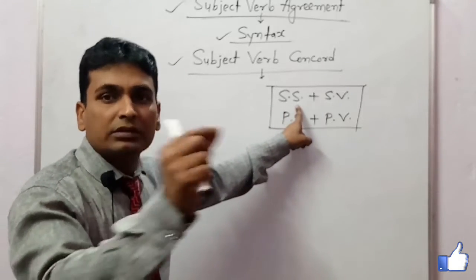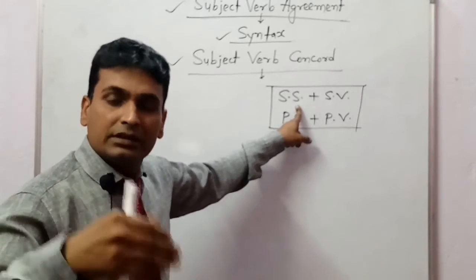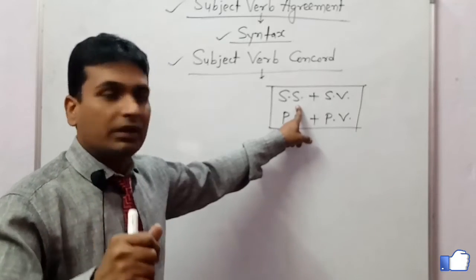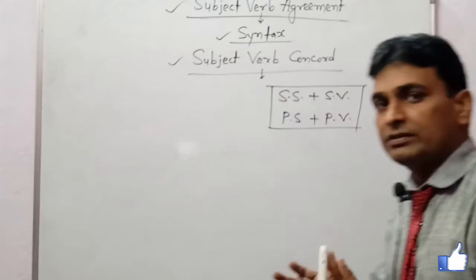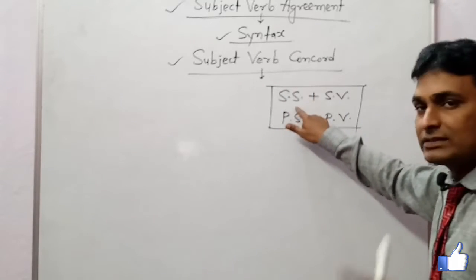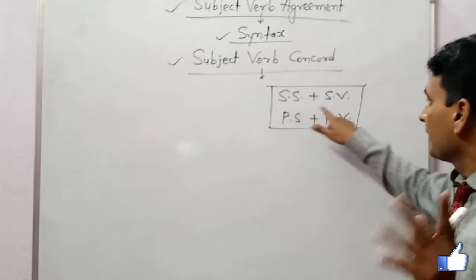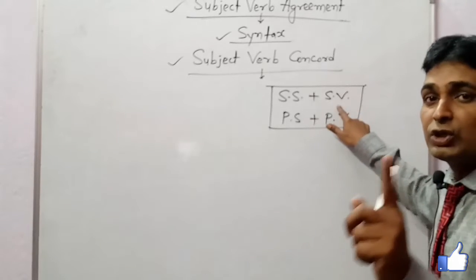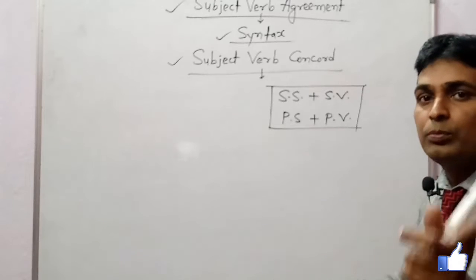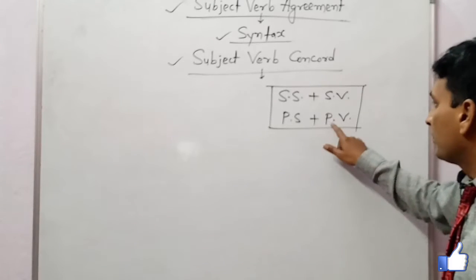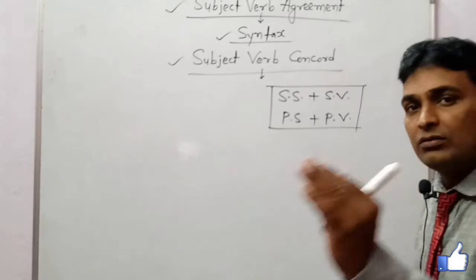SS means singular subject, right? Please listen to me carefully and understand well. SS stands for singular subject and SV stands for singular verb. PS stands for plural subject and PV stands for plural verb.